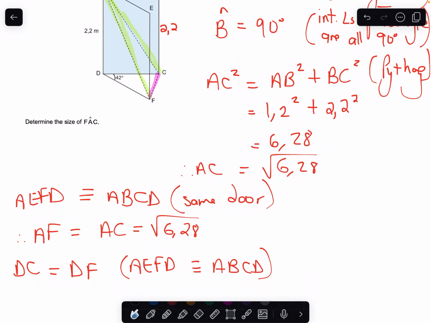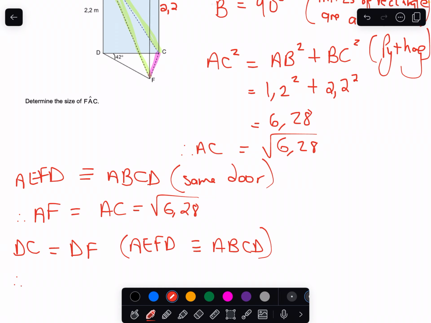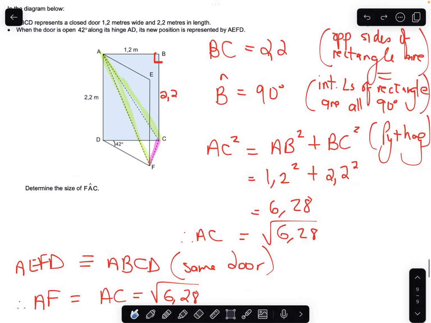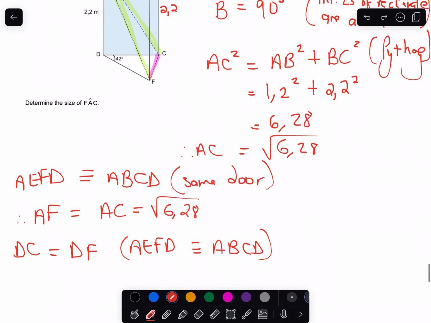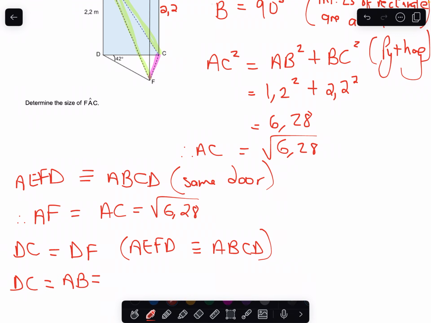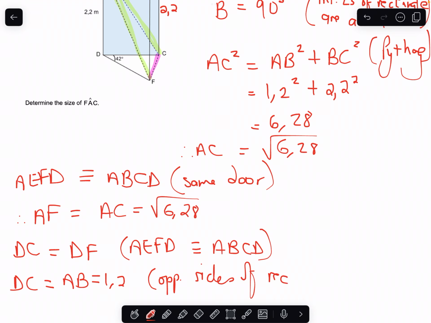And also, maybe before mentioning that, we know that DC is equal to AB, so it will also be 1,2, because opposite sides of a rectangle are equal.